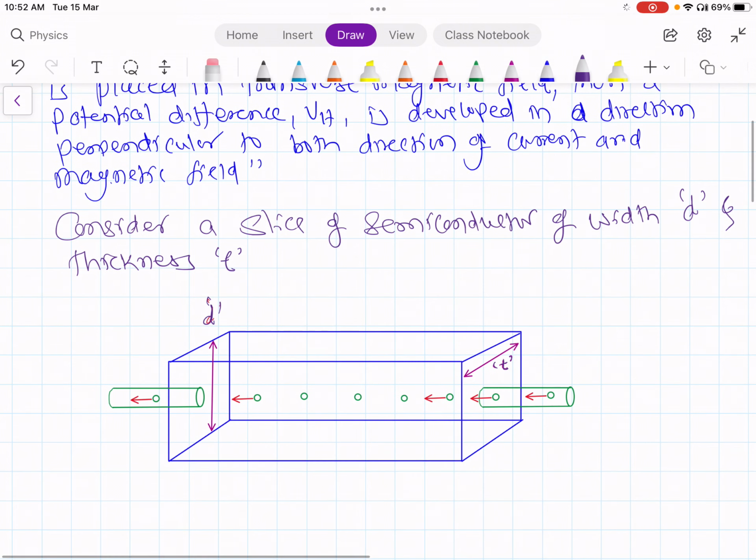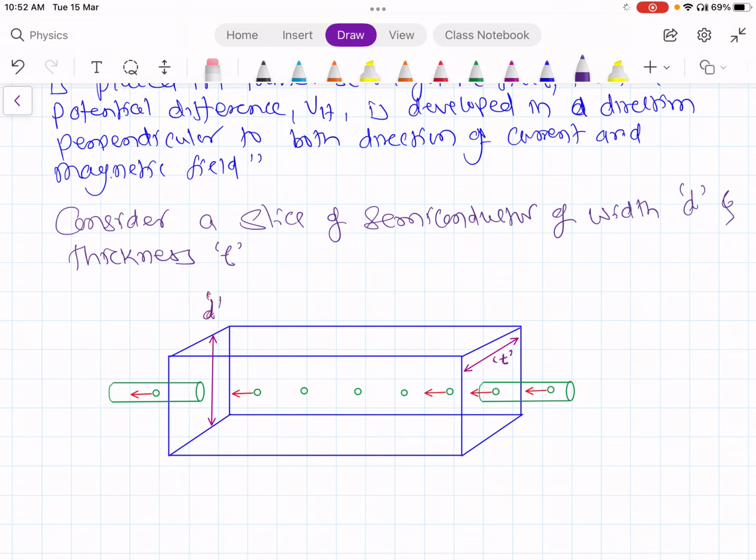And you can see that the current is flowing in this direction. This is current I. But electrons are moving in opposite direction.